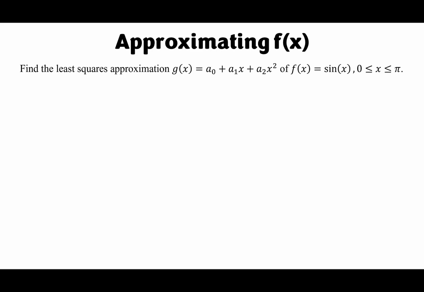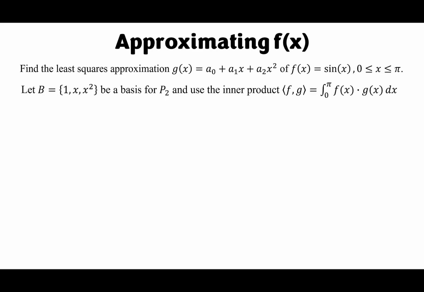To do this, we'll need a basis for P2, that is the set of all polynomials of degree 2. So our standard basis is 1, x, and x squared. That is a basis for P2. But remember, this standard basis is not an orthogonal basis. So we'll have to use the Gram-Schmidt process to come up with an orthogonal basis.